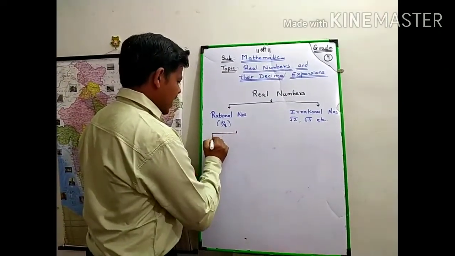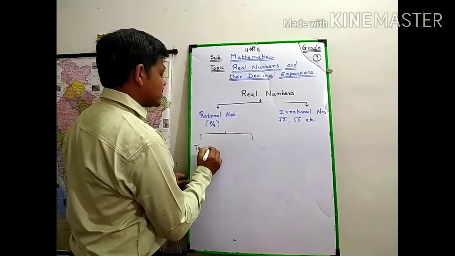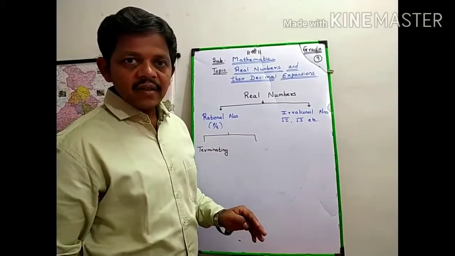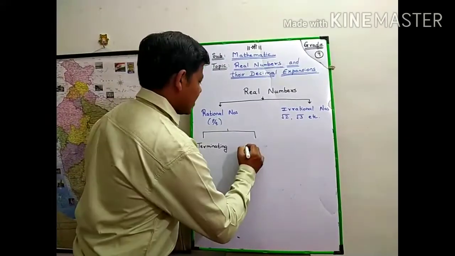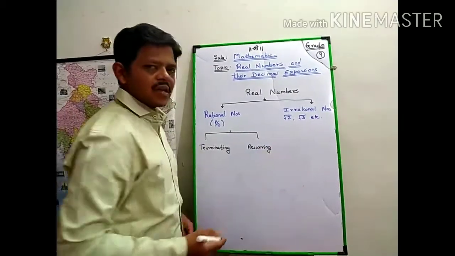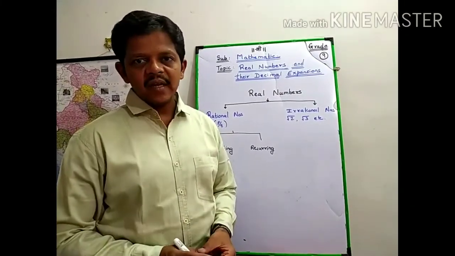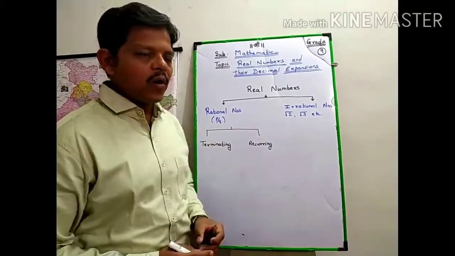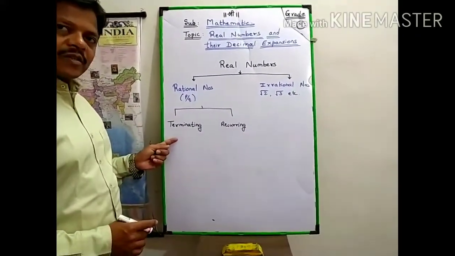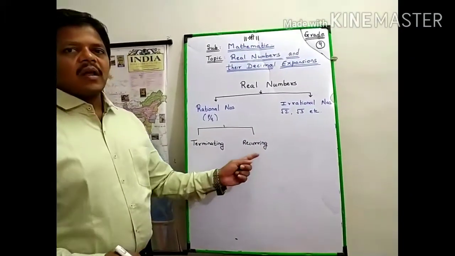Either they will have terminating decimal expansions, that is the remainder comes out to be 0, the division terminates, the division stops, or they will be recurring, that is a particular number in the quotient recurs, the remainder repeats itself, hence the quotient repeats itself. So this is what we can see now here on our board. The rational numbers are of two types, either terminating ones or recurring ones. So rational numbers are either terminating or recurring.